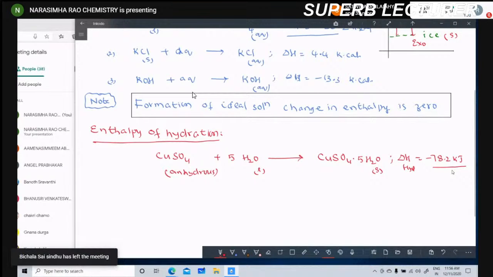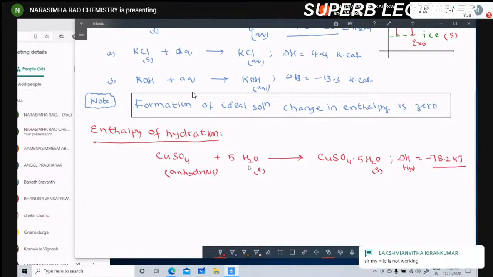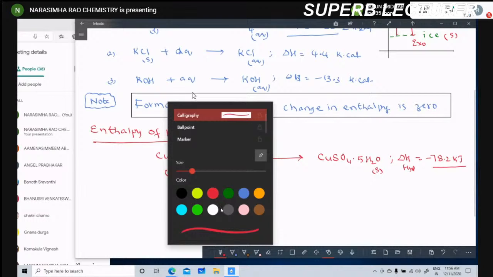Right, children. Now the definition for this one. Anvita, can you say the definition? The amount of heat change during the dissolving of 1 mole of a substance in water, combining with the requisite amount of water to form its stable salt, is called the enthalpy of hydration. Actually, the amount of heat evolved. Simple.